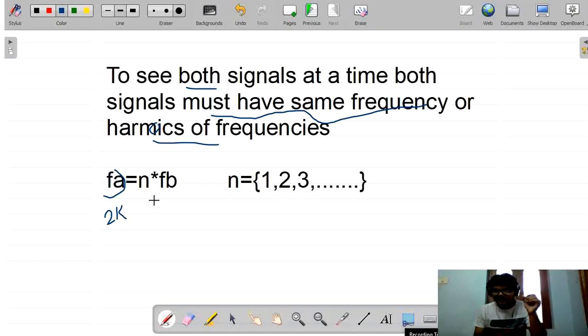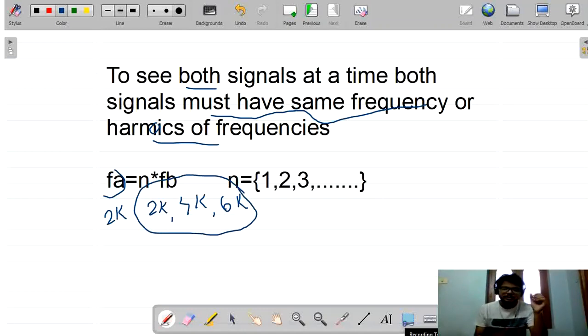Then signal B can have 2 kHz, or 4 kHz, or 6 kHz. These are the harmonics of the 2 kHz frequency. If signal B does not have any of these harmonics or the original frequency of A, then both signals are not displayed at a time on the screen. It is a must condition that signal A and signal B are harmonically related to each other.